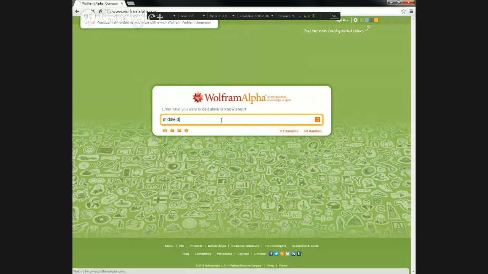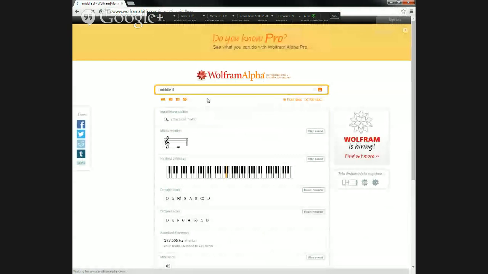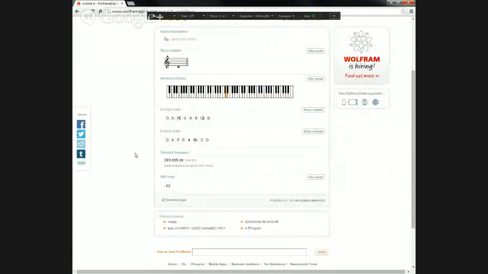So I'm going to Wolfram Alpha, and it tells me it operates at 294 hertz. Give me an amplitude. 4. Okay, 4 it is.